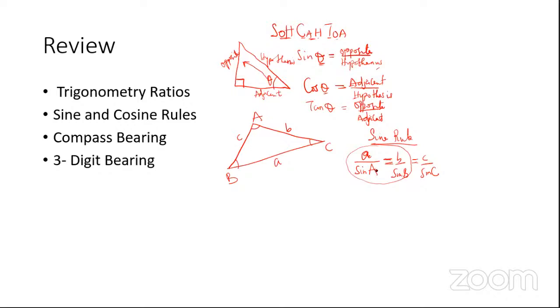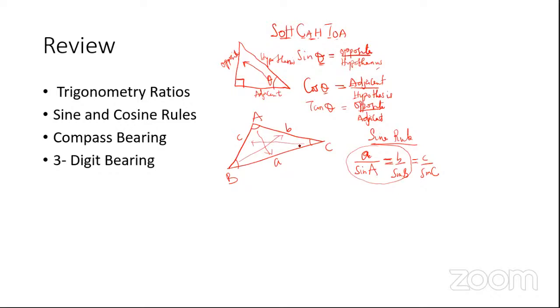So in summary, for you to apply your sine rule, we must have 2 same letters, that is, an angle and its corresponding side, whether angle A and small a, or angle B and small b, or angle C and small c.